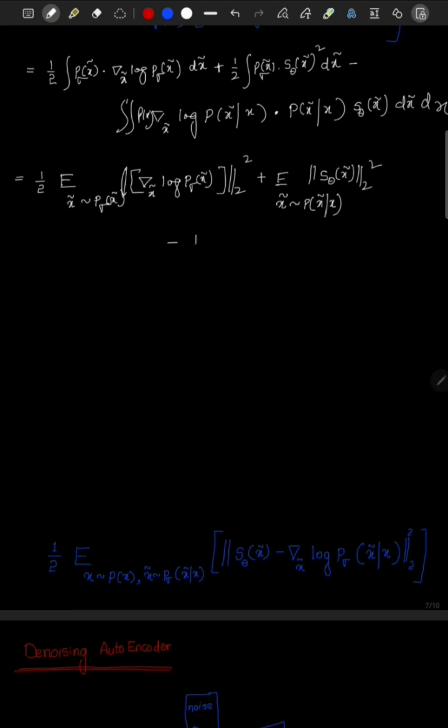The last term we will have the expectation of x sampled from p of x, and x tilde sampled from p of x tilde given x, of the gradient of log p(x tilde | x) with respect to x tilde into s theta of x tilde, right.